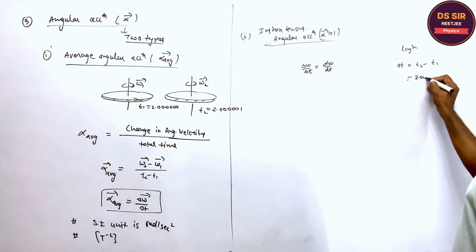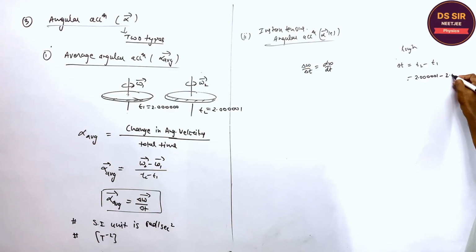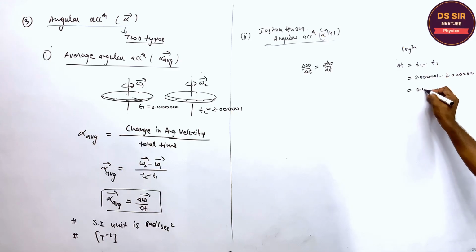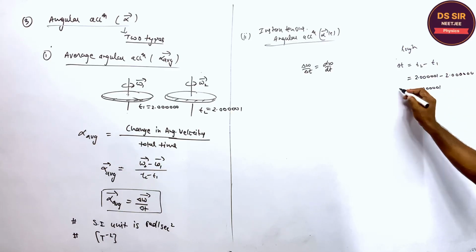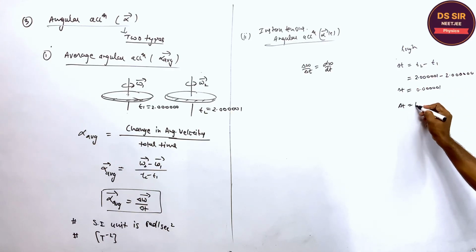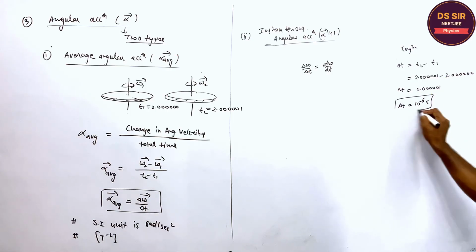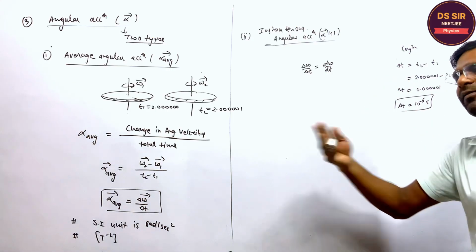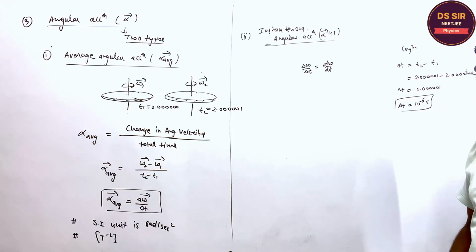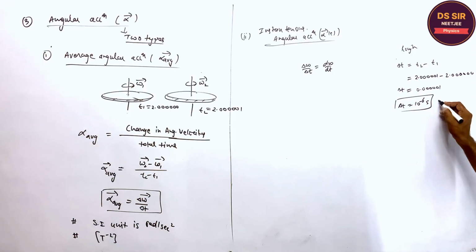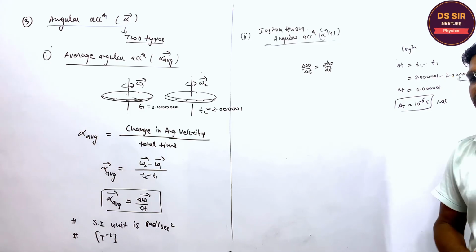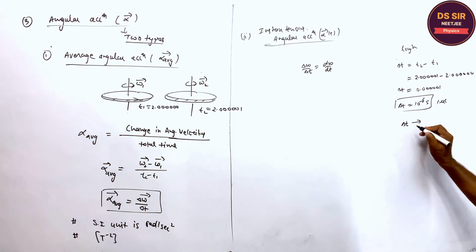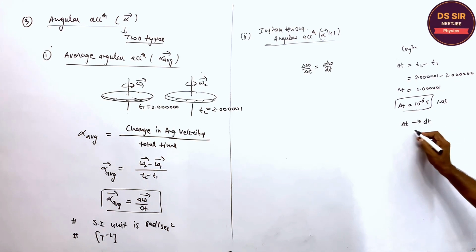It is 2.00001 minus 2.00000, so delta t is 0.00001, which is 10 to the power minus 5 seconds. If at a particular instant and after a very small time interval, the other time instant is present, then delta t is very small, and when it is that small it becomes dt.